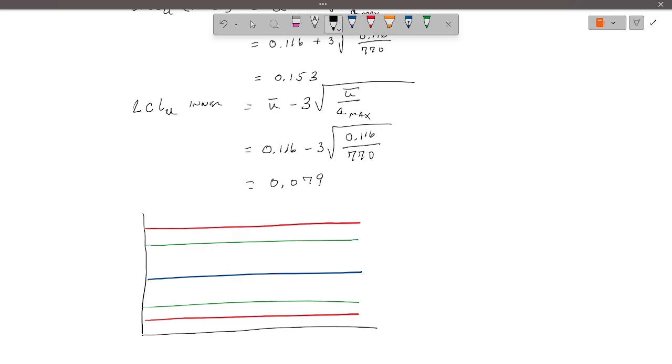So this would be 0.188, 0.153, 0.116, and then 0.079, and then the outer lower will be 0.044. Okay? And then basically what you do is start plotting your UI values in this entire chart, because this is UI.